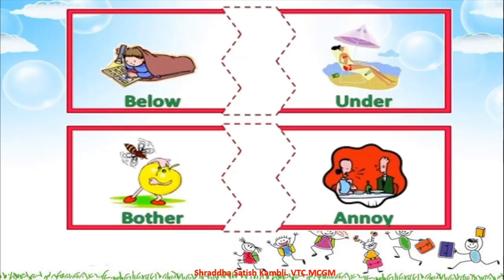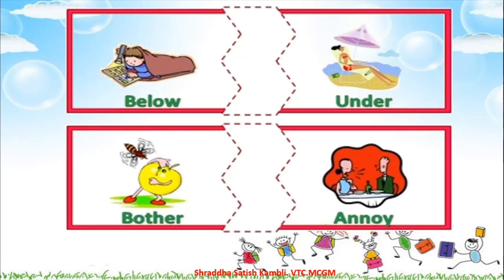And look at the other picture, annoy. Annoy means the same thing. When someone talks too much, you get annoyed, isn't it? So bother and annoy are synonyms of each other. So you can say the bee was bothering the apple. You can also say the bee was annoying the apple.